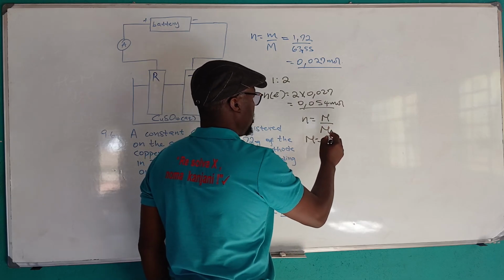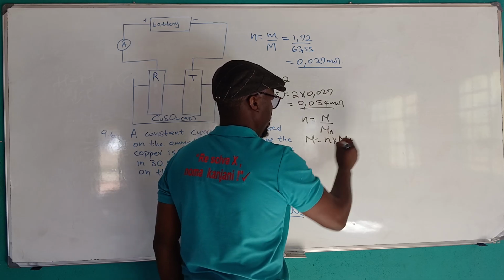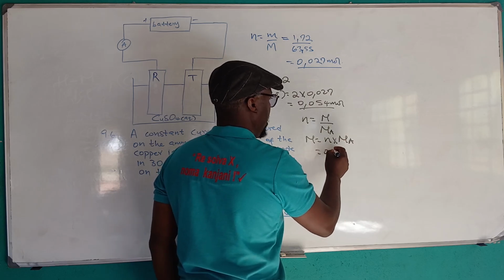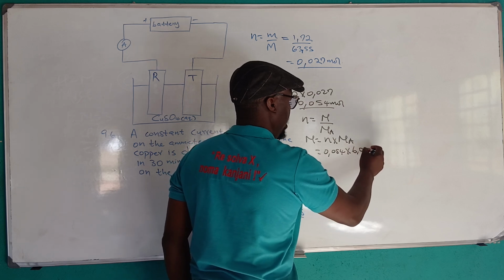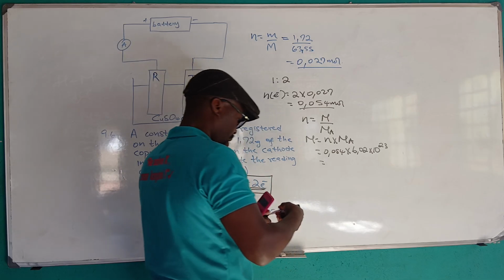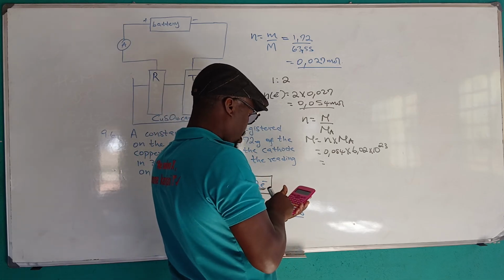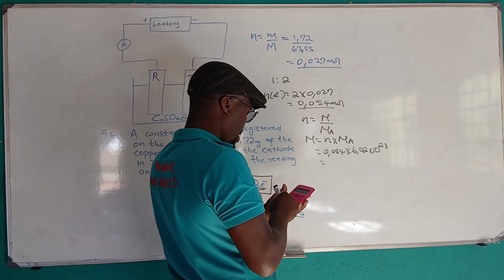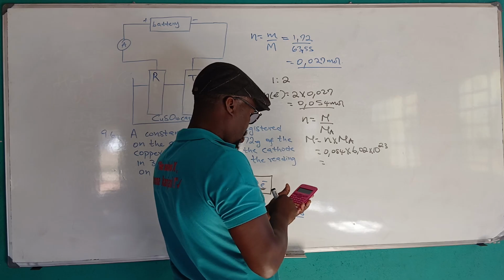The number of electrons that are released will be 0,054 by 6,02 by 10 to exponent 23.